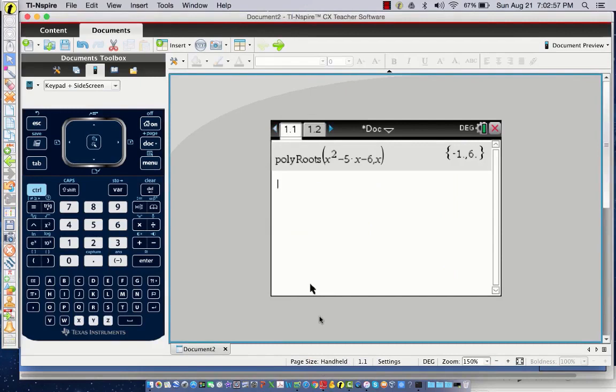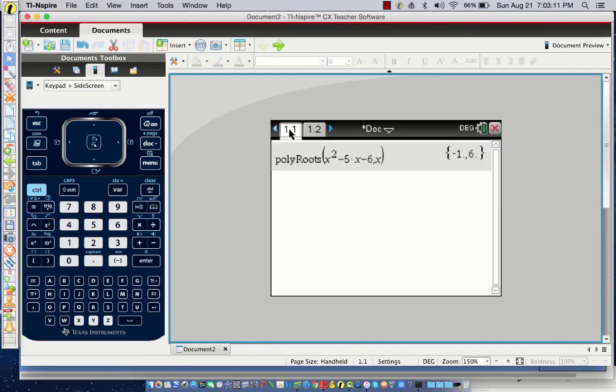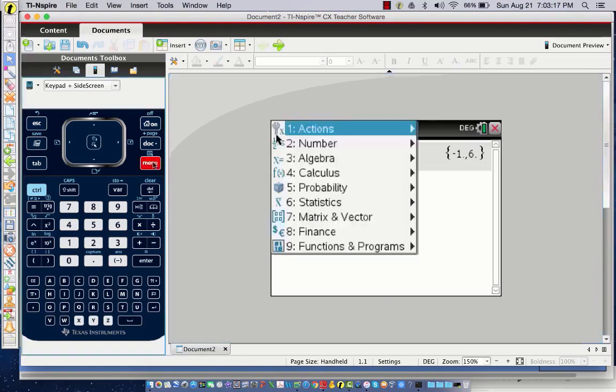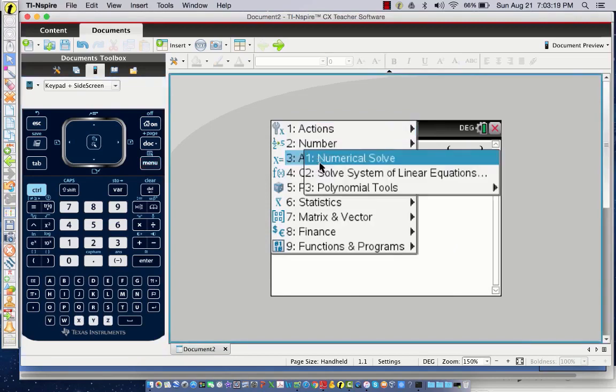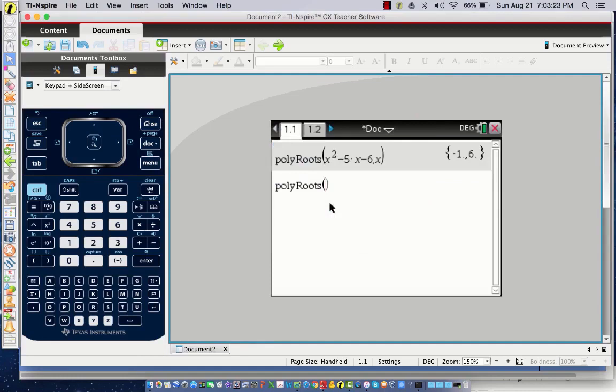Now, I'm going to show you something else. This is a big reason why you should always work in documents. We have this function as the first function, f1 of x. Look what you can do if it's already entered on a graph. You can go Menu, Algebra, Polynomial Tools, Real Roots of a Polynomial. So same thing, polyroots.